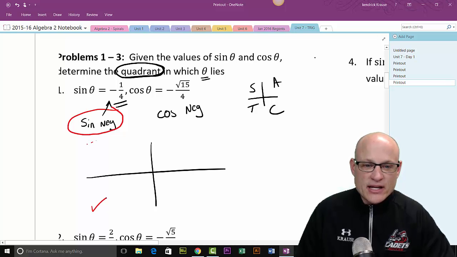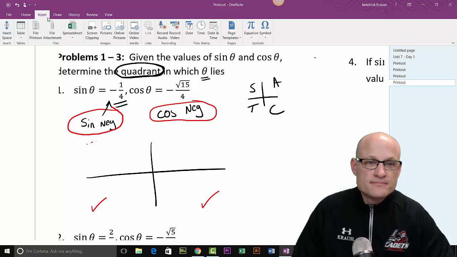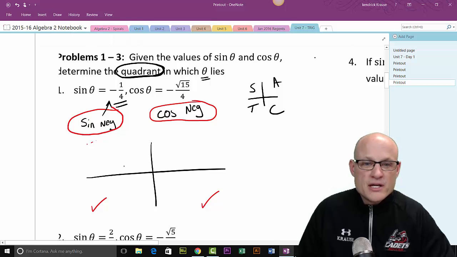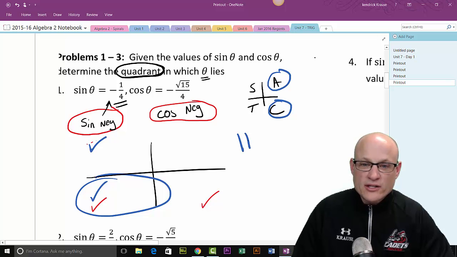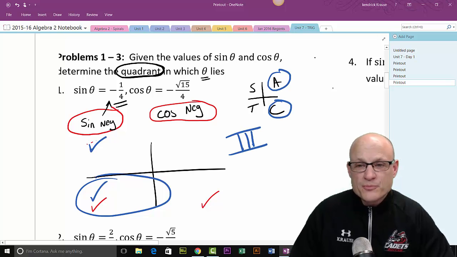But sine is negative in the third and fourth quadrant. Then I'm going to use this information, and I'm going to put some check marks in blue. Cosine is negative in this quadrant and in this quadrant, because notice cosine's positive here and here. So it must be negative in the second and third quadrant. Wherever you put 2 check marks, that's the winner. So in this case, the answer is quadrant 3.